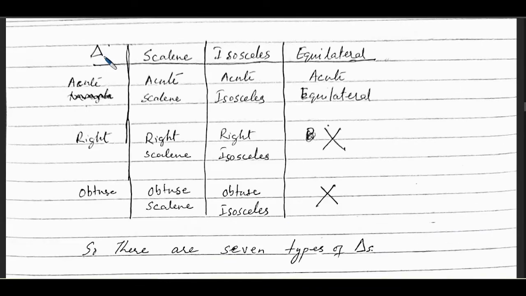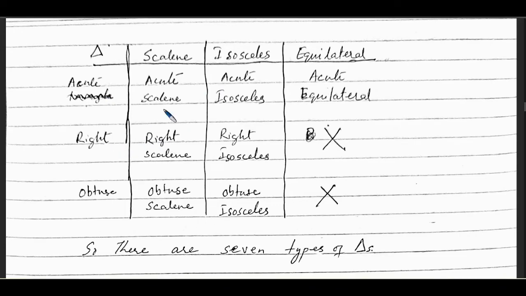Now in this triangle, I know that these are the sides: scalene, none of the sides equal; isosceles, two sides equal; equilateral, all the sides equal. And this is the angle: acute, all the angles less than 90 degrees; right angle, one angle is 90 degrees; and obtuse, one of the angles is more than 90 degrees. So if I can have acute scalene, I can similarly have acute isosceles and acute equilateral.